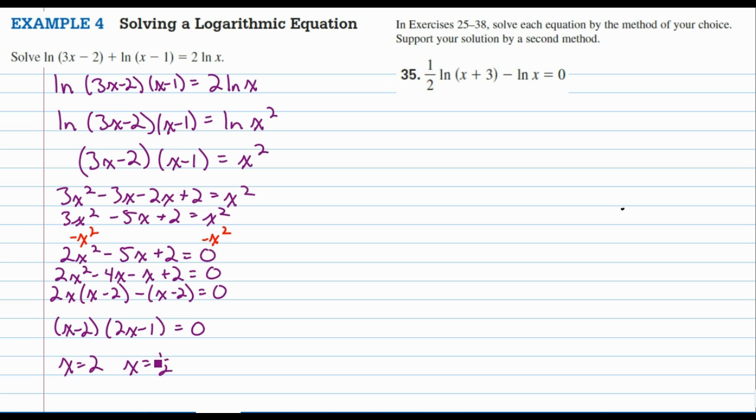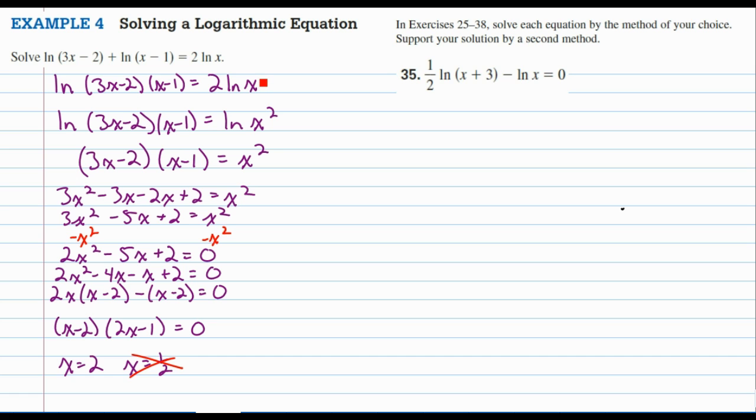Now, 1/2 causes a problem, though. The natural log of 3 times 1/2, so 3 times 1/2 is 1.5. 1.5 minus 2 is negative. I can't take the logs of negatives. Same thing over here. 1/2 minus 1, that's negative 1/2. I can't take the natural log of negative 1/2. So 1/2 is extraneous. And we caused that extraneous solution to happen when we changed the 2 from a coefficient to an exponent.